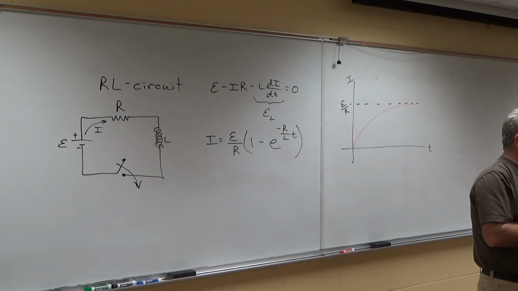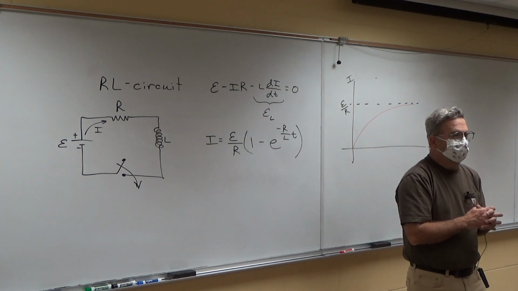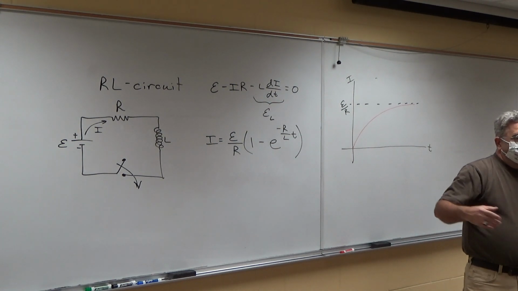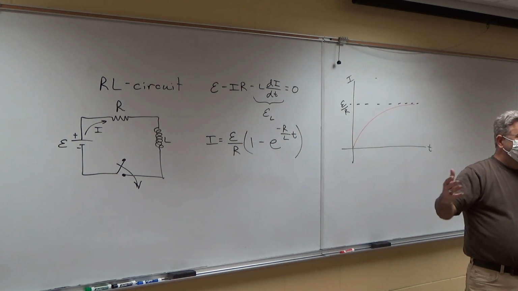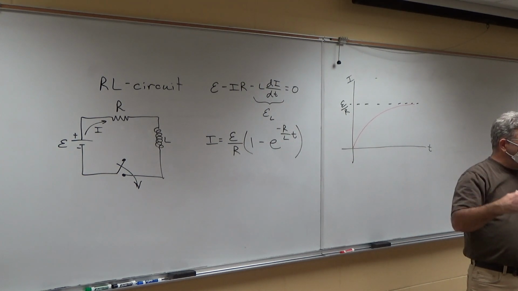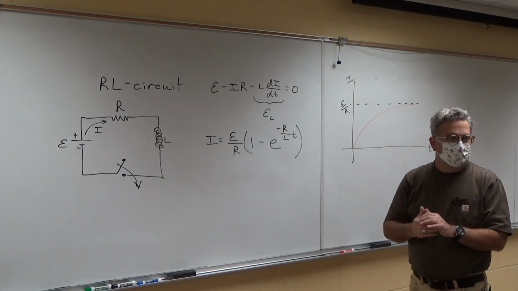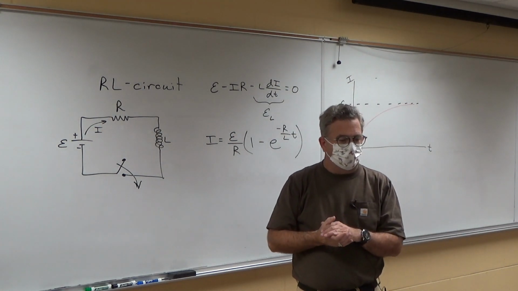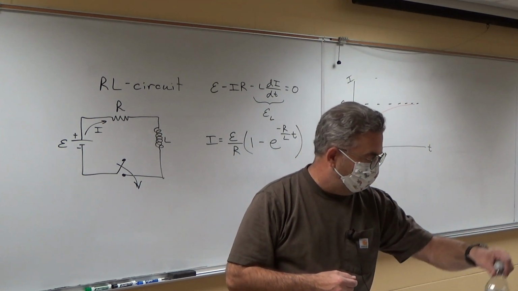It usually induces a large EMF and you get a spark. That's why on computers and so forth you have surge suppressors, because with inductive loads that turn on and off all the time, you get these spikes. You get these large induced EMFs that can travel through the circuit and destroy things.